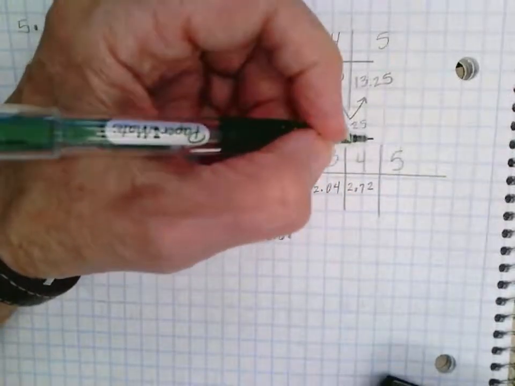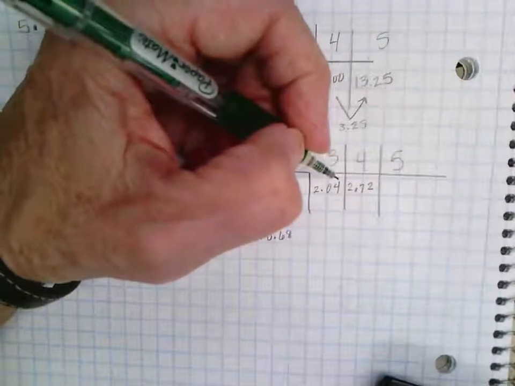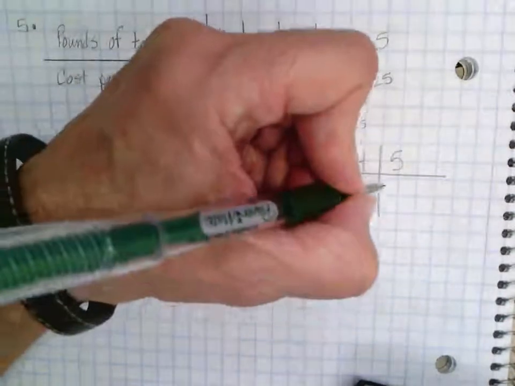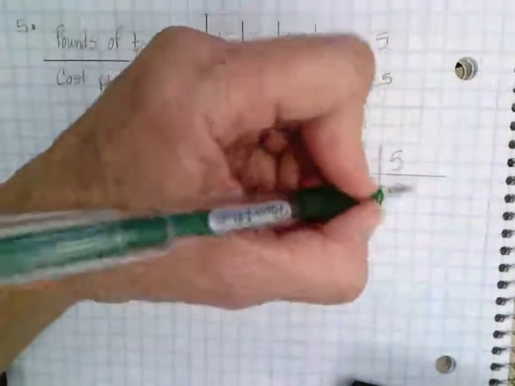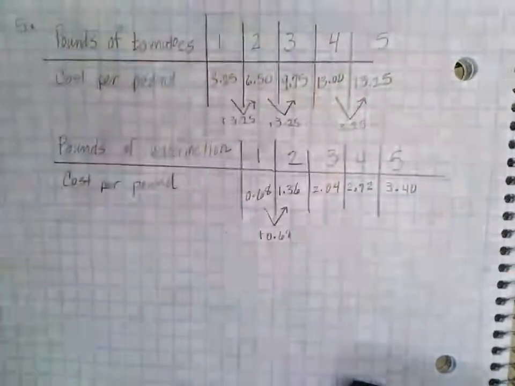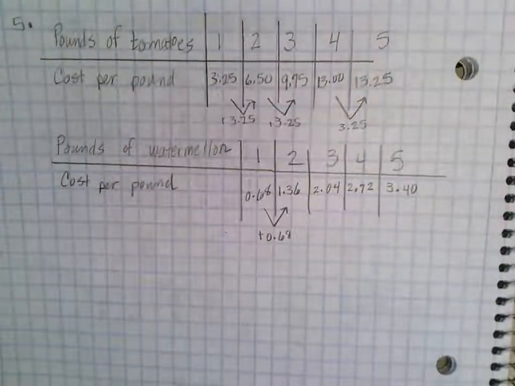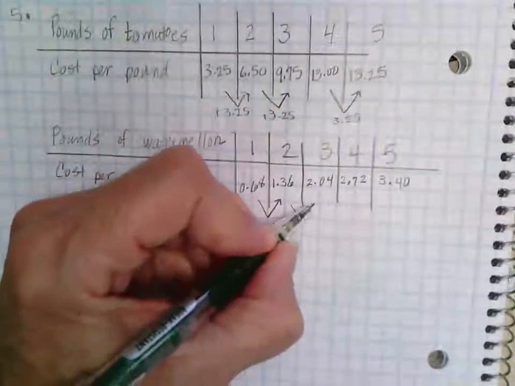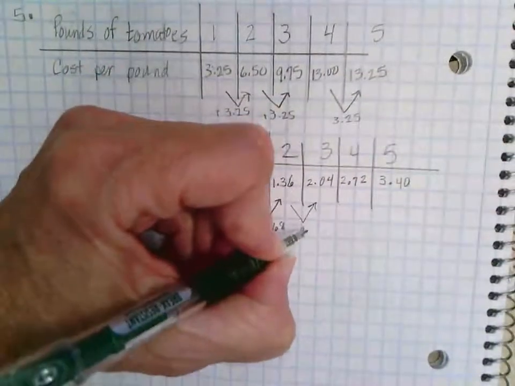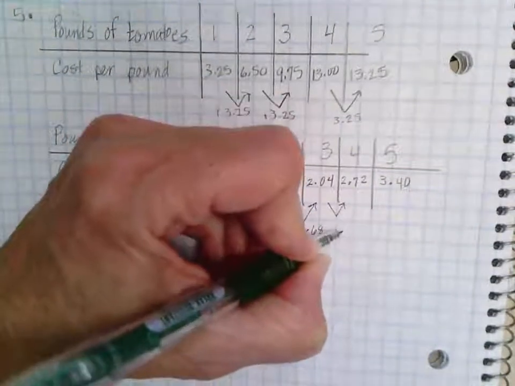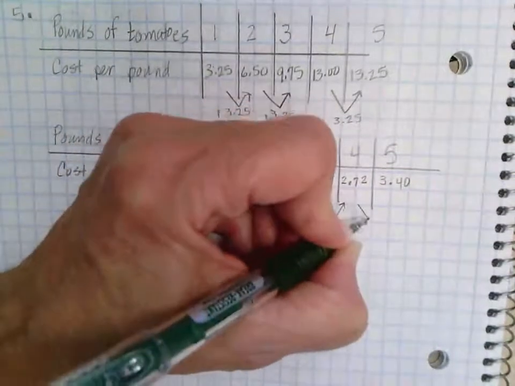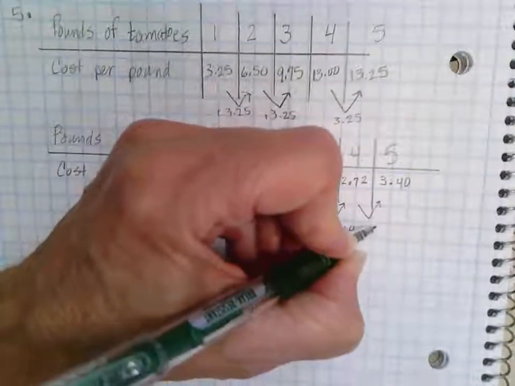And for 5 pounds, it would cost $3.40. So on each one of these, we are increasing by 68 hundredths each time, and that is the same as 68 cents.